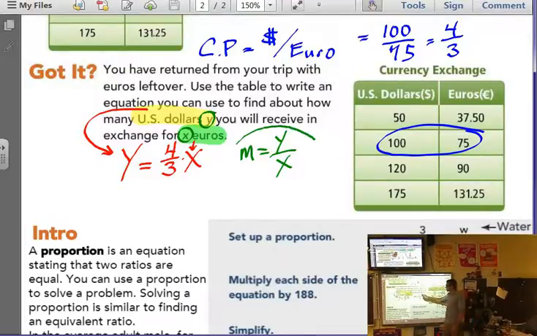So if you remember that to find your constant of proportionality, it's your y divided by your x, that will serve you well. Always remember it's y divided by x. And if you care, that turns into the slope. When we graph lines, that constant of proportionality, this 4/3 right here, will be the slope of the line. We're not there yet, but when we get there, you'll think back and be like, oh yeah, I remember you saying that, and then it will seem easy.